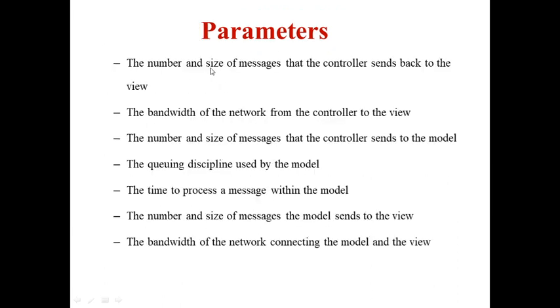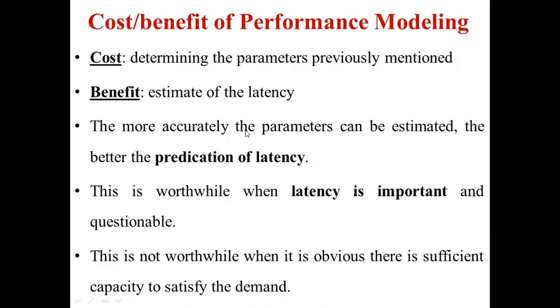And then the number and the size of the messages to the controller, and it has to send back to the view, and the bandwidth of the network from the network to the controller, what is the bandwidth and what is the number of size and messages, and then queuing discipline, and then time which it is taking to process the message, and then number and size of the messages and bandwidth of the network. All these things will be called as the parameters.